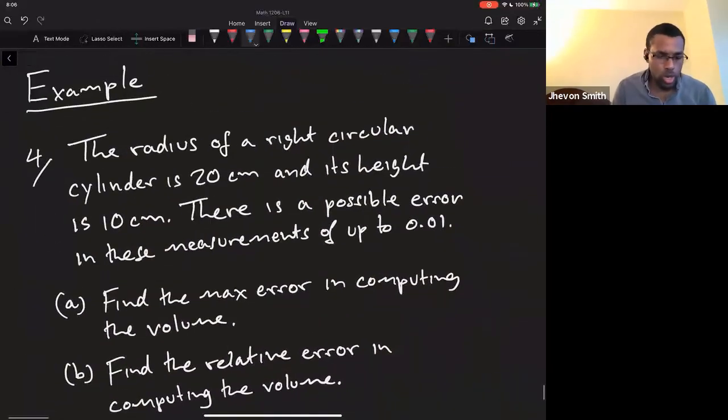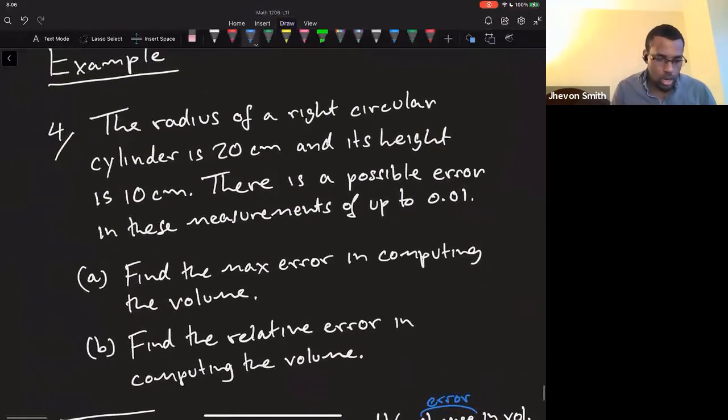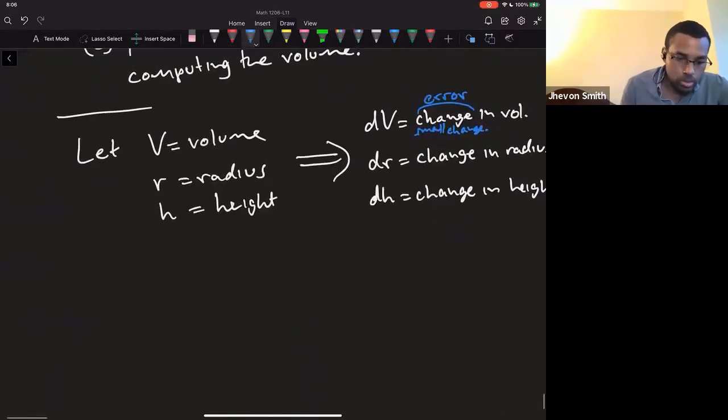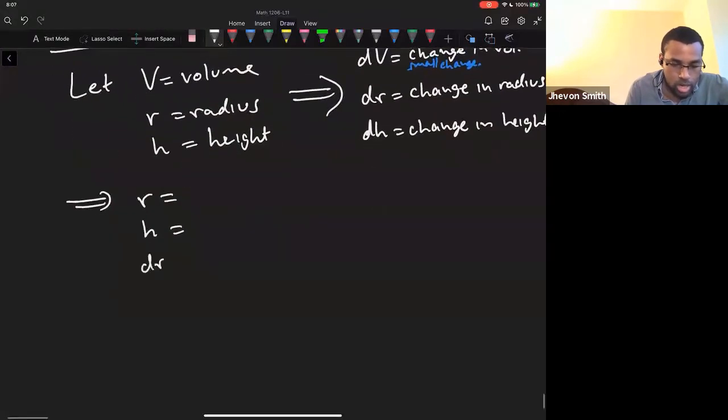So now what we want is to find the max error in computing the volume. Right, so what we would do here, so this also means that I know R, I know H, I know dr, I know dh.